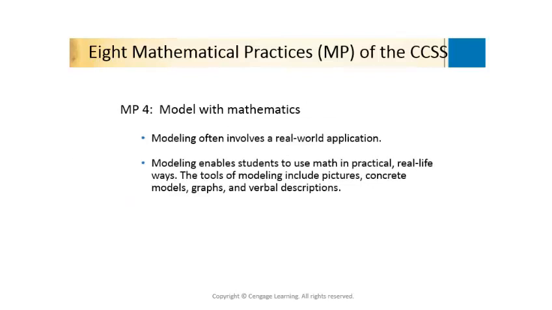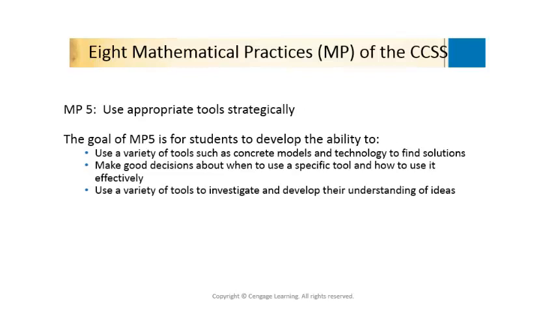Number 4 is one of my favorites, modeling, meaning pictures, graphs. Modeling is, to me, the way that mathematics makes sense. In number 5, we're to use appropriate tools, use tools that tend to make sense for our students.